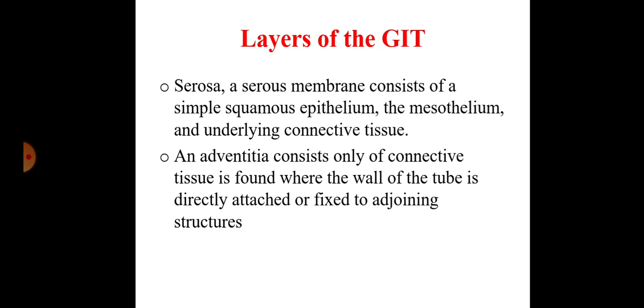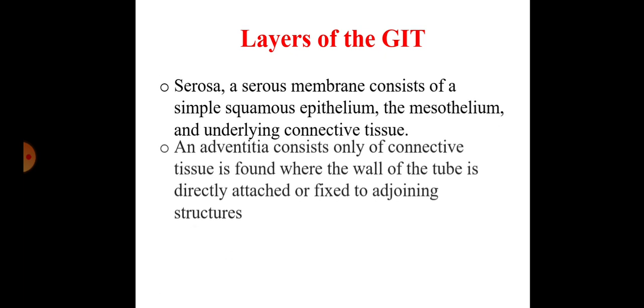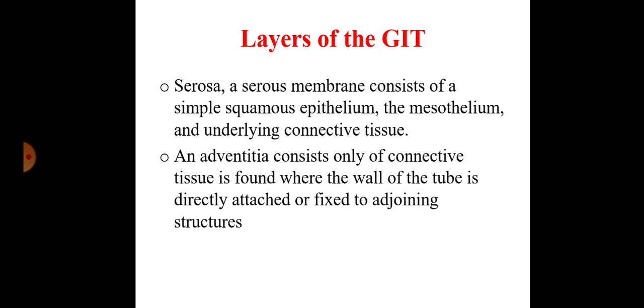If it doesn't, we call it adventitia. The muscular layer consists of smooth muscle, and in most parts of the gastrointestinal tract consists of two layers, and the plexus between them is known as Auerbach plexus. The submucosa consists of connective tissue and contains glands, blood vessels, and nerves. The nerve plexus is known as submucosal or Meissner plexus.